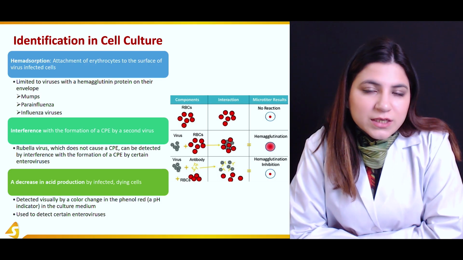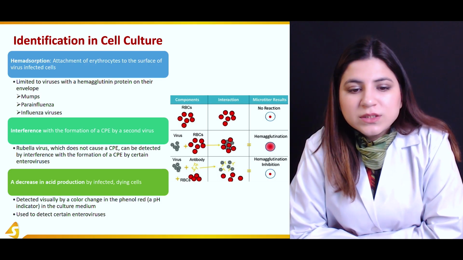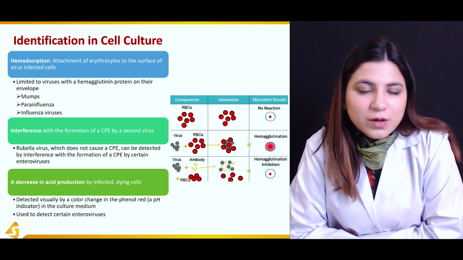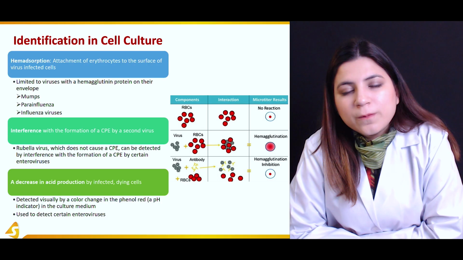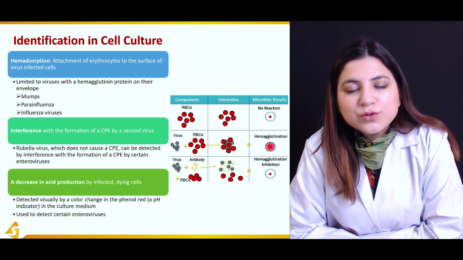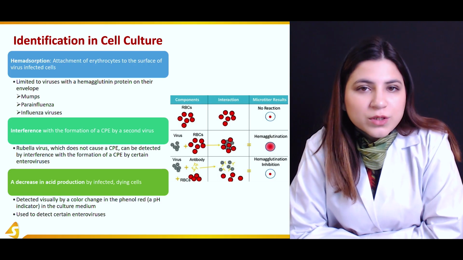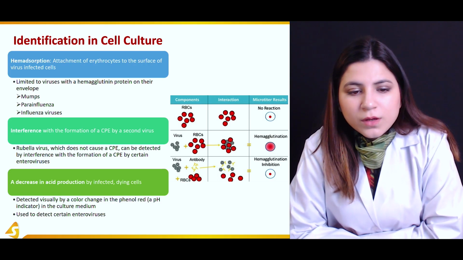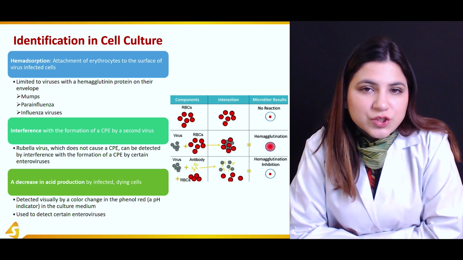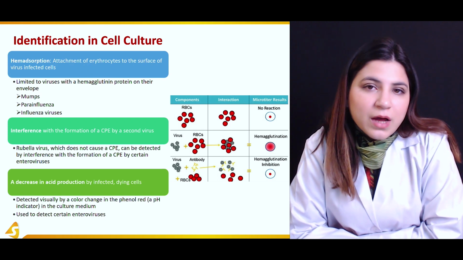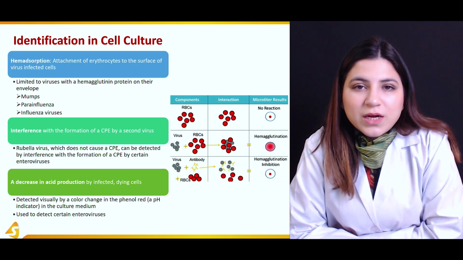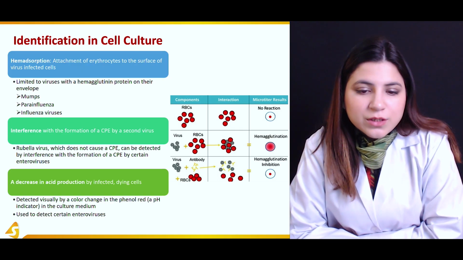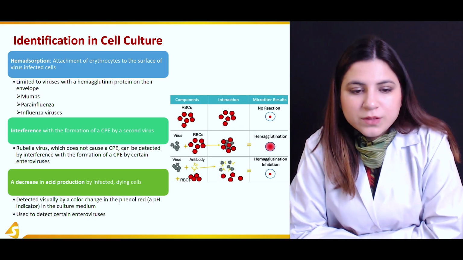This technique is limited only to viruses that have a hemagglutination protein in their envelope, because if a virus lacks a hemagglutination protein in its envelope, then the erythrocytes won't attach to the cell. And so this identification technique is used only for those viruses that have hemagglutination protein on their envelopes.